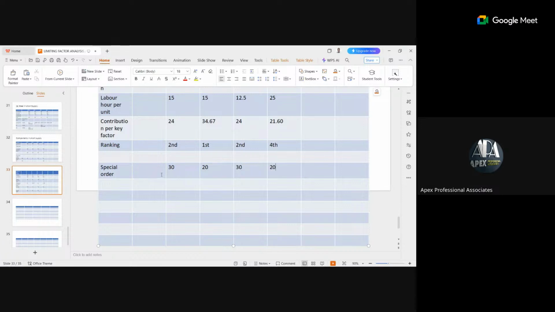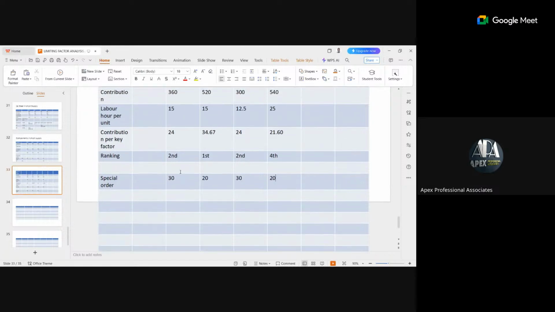So how many hours are we going to use overall to produce the special order? Let me start. For TW, if we will need 15 hours, how many hours are we going to need to produce 30 units?